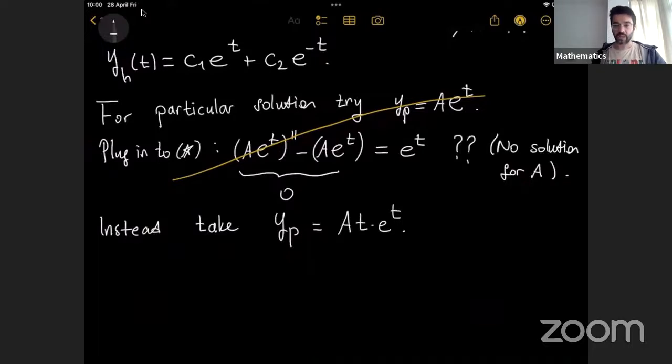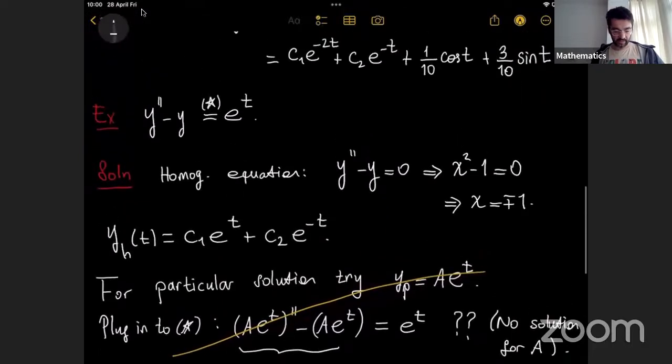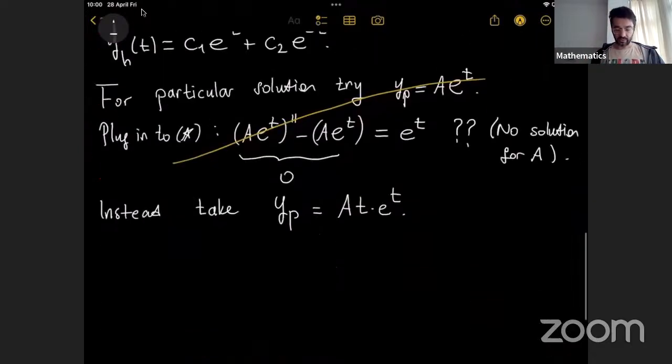Okay, so this will help. So we will multiply e to the t with t, and then take the second derivative and subtract itself, and you will get something like e to the t, and we will find from this, we will find a. Okay. So let's see what we get.